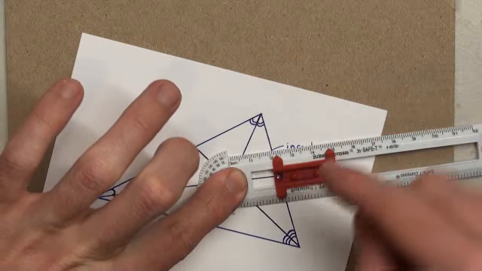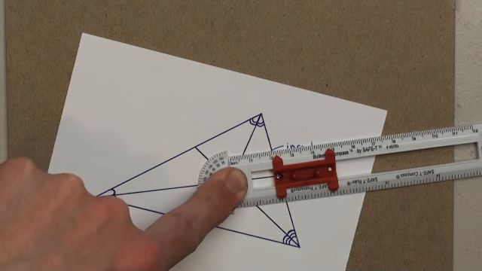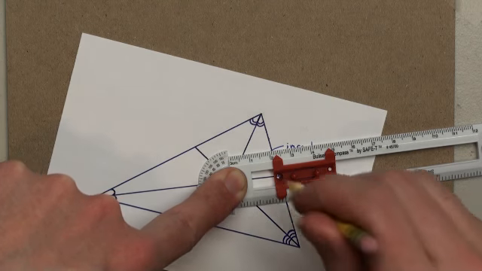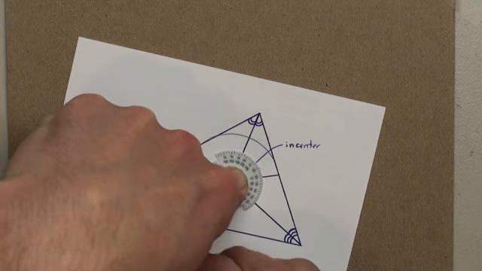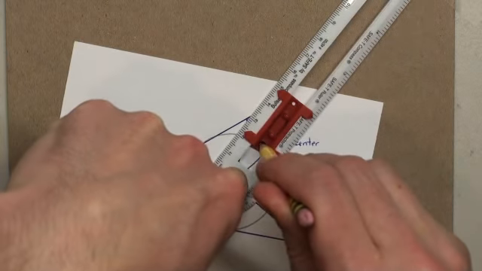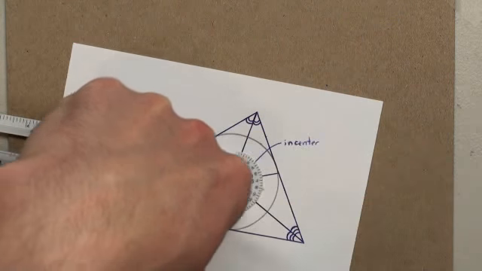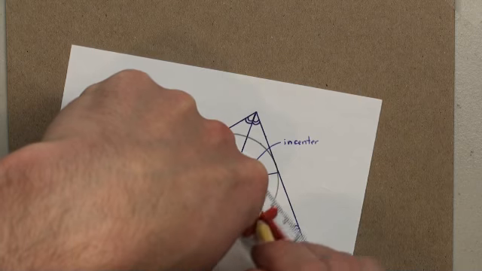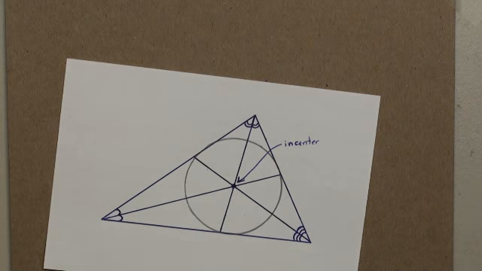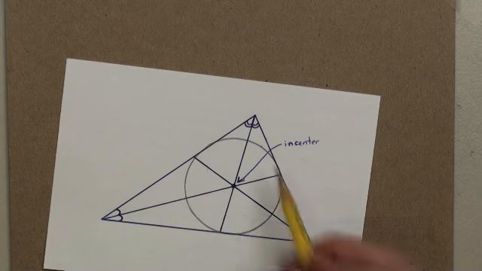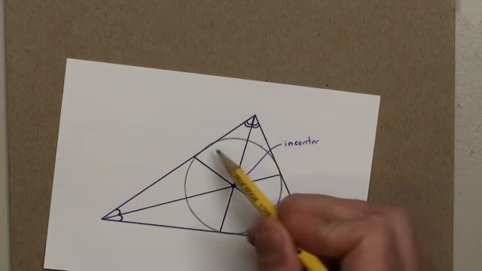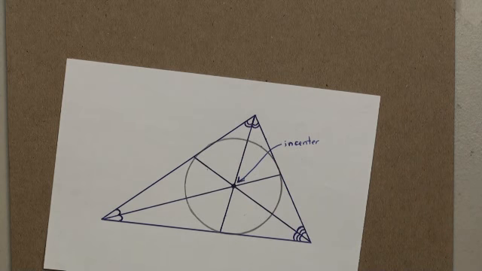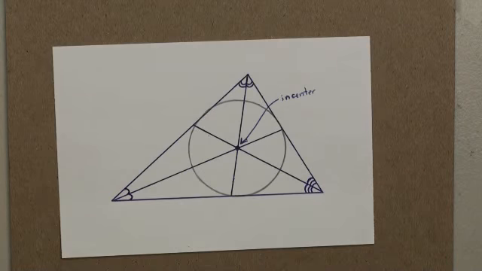So, what I did was I put it so that it's touching the side of the triangle, and now I'm going to use a pencil this time, and watch what happens. Boom. It's the center of what's called an inscribed circle. That means the circle is inside the triangle, touching it on its edges. Okay? So that's our picture.